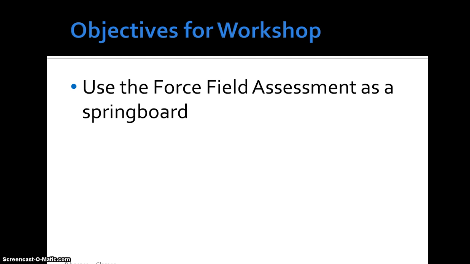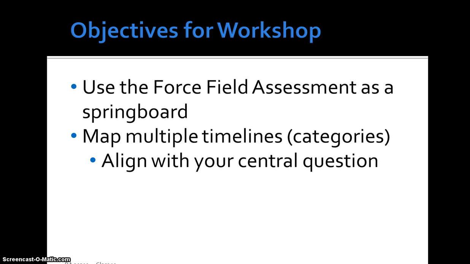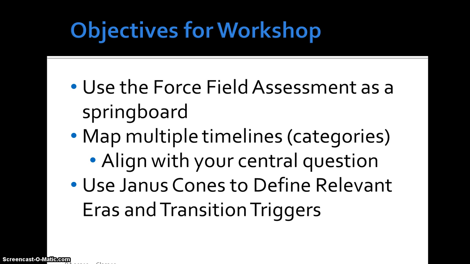What are the categories that you need to do the timelines for? Map multiple timelines that are aligned with the categories in your central question, and then use Janus cones to define the relevant eras and the triggers that cause the transition. And if you do these things, you should have the ability to tell a pretty cohesive and clear story of the historical assessment as it sits alongside your systems assessment within the boundaries of your framing lens.